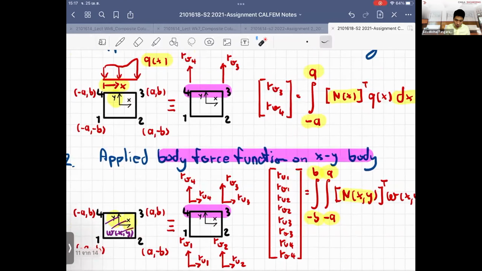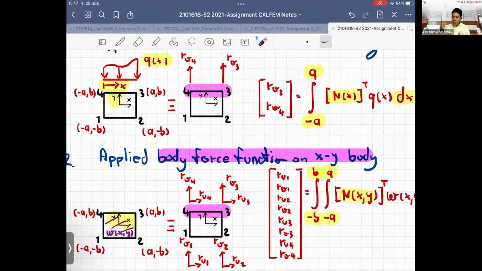The double integration means you integrate over the x-axis and over the y-axis, so you cover the whole area of the element. Once you do that, you get the nodal force that applies to each coordinate, and you keep it, and you do it by element.